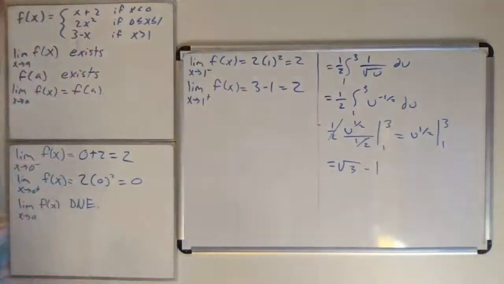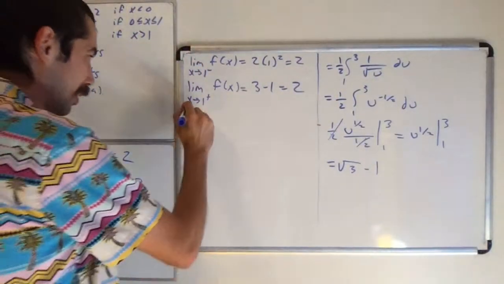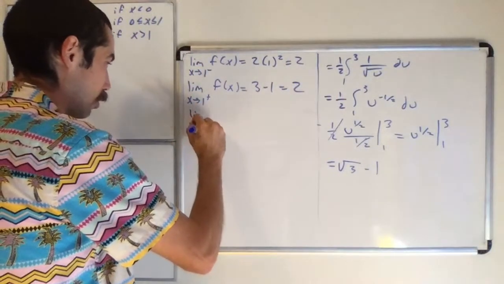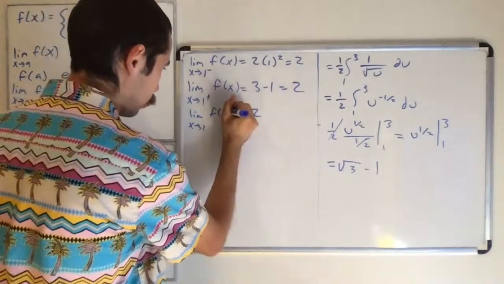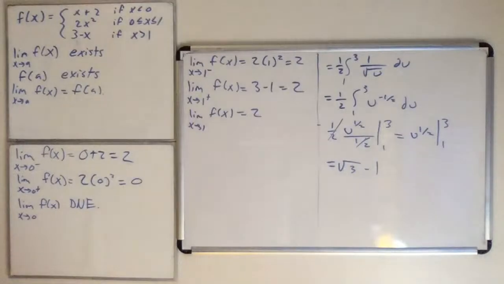See, that's why I changed the number so it could be the same. So we could conclude that the limit as x goes to 1 of f of x is equal to 2. Okay, so that's the first condition. The limit as x goes to 1 of f of x exists. We showed it was 2.